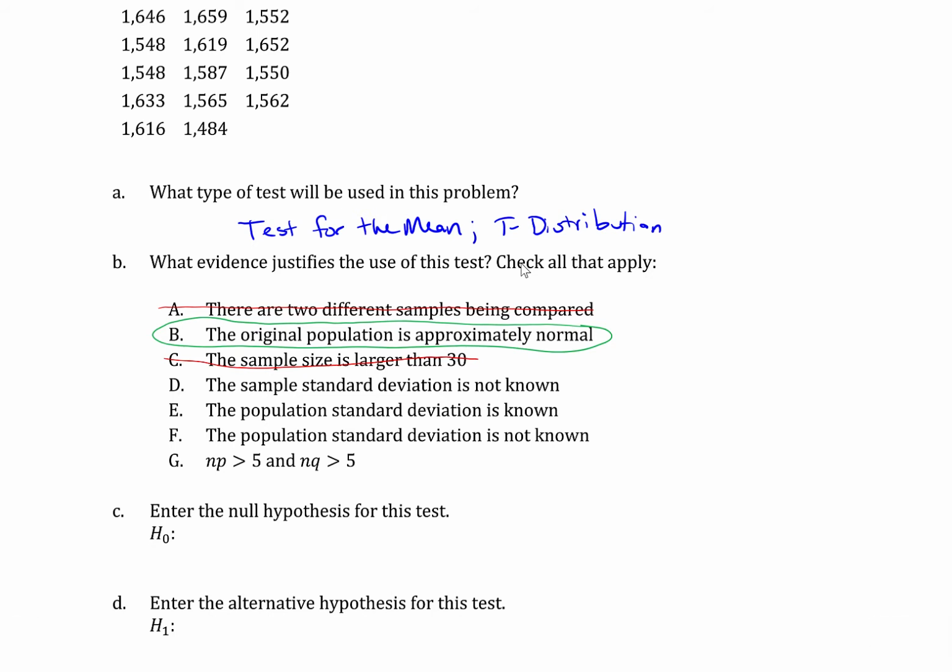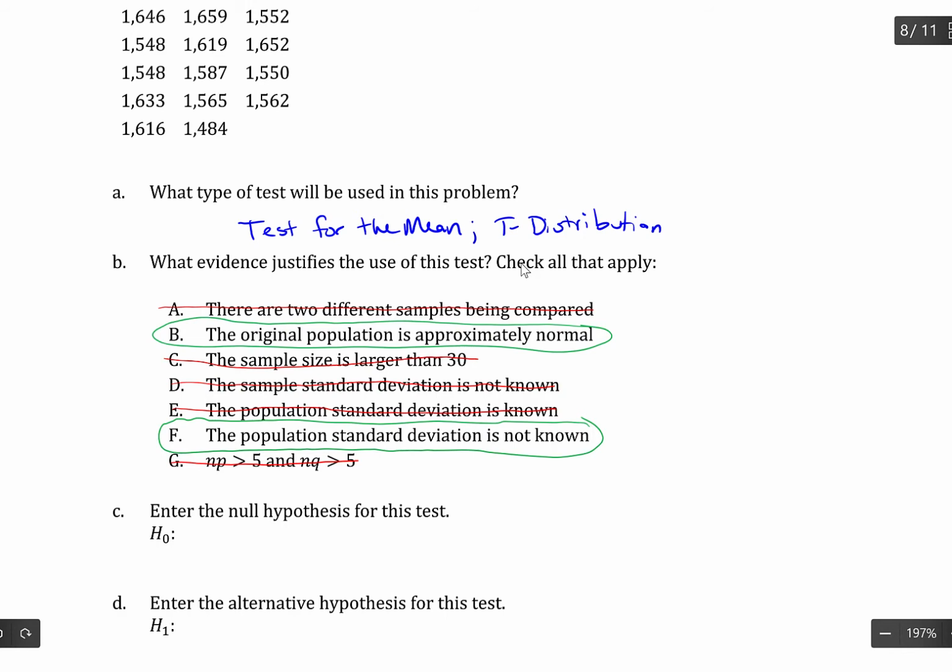The sample standard deviation is not known? We can come up with that because we have the sample data. The population standard deviation is known? That's not true either. But this next one is true: the population standard deviation is not known, so we're using the t-distribution in general. And this last item is a requirement for binomial distributions, so we'll leave that off.